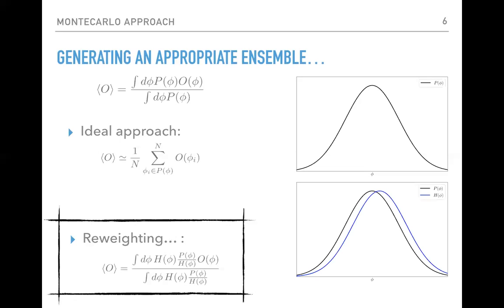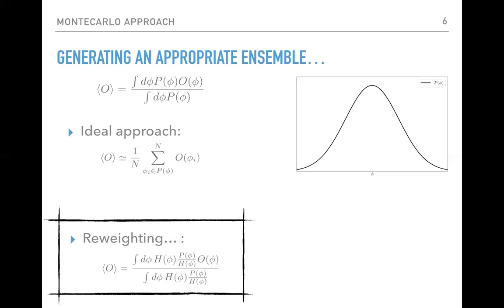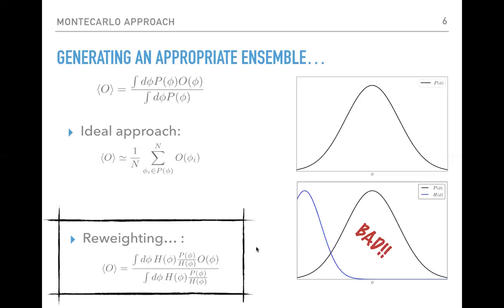The idea is that you have your probability distribution P, and instead of sampling P, you sample H. If P and H are close enough to each other, you can use this technique to calculate the expectation value. If H and P are not close to each other, this mathematical identity still holds, but you will have a harder time getting low error.